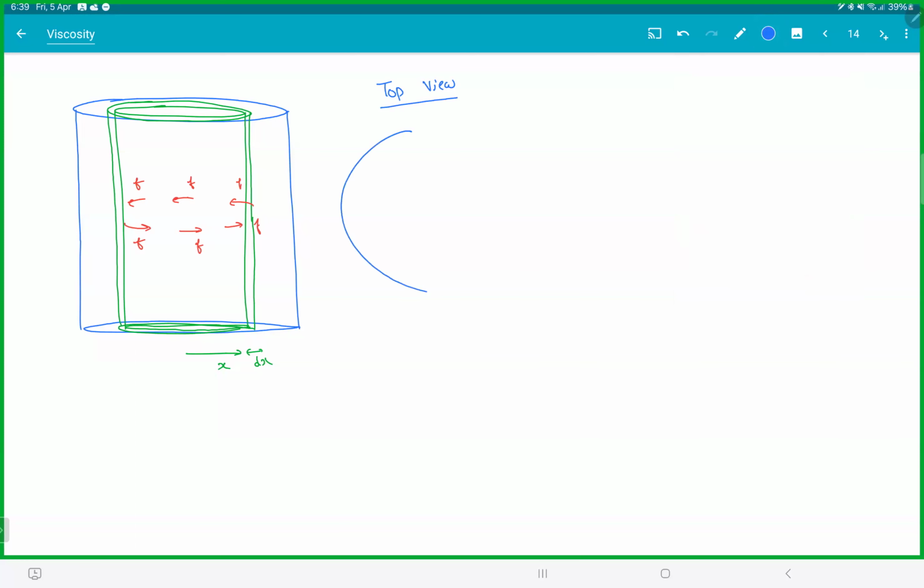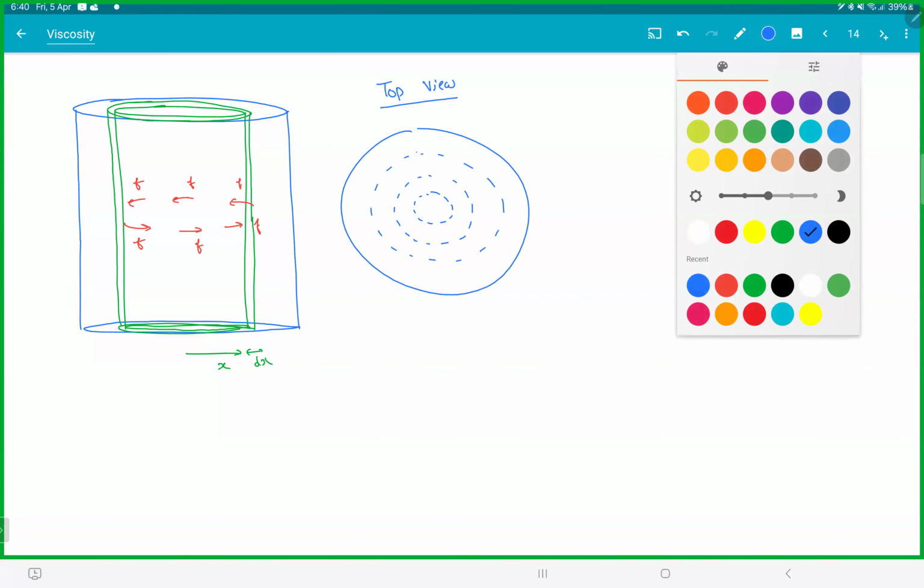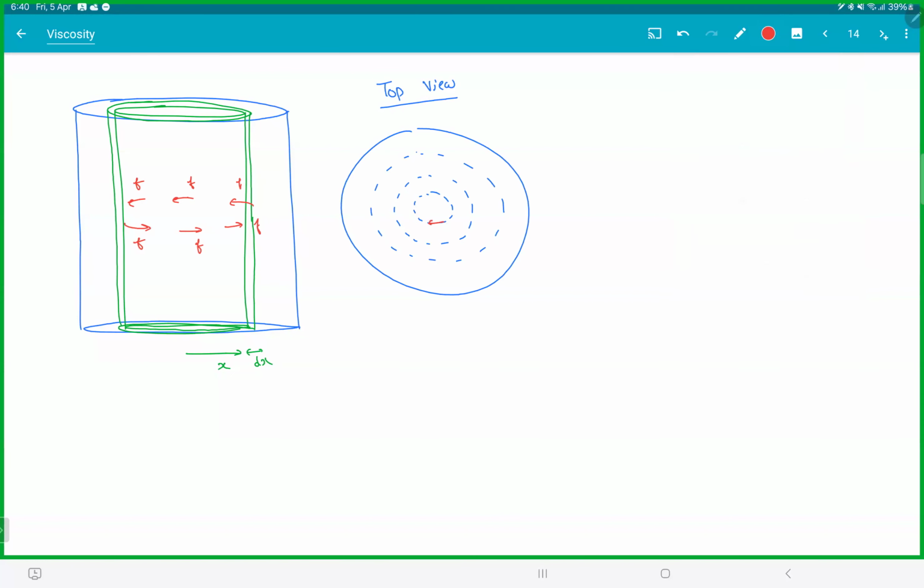If you look at this in the top view, on each layer, if this is a torque, the same torque will be on this, and this will be a torque. I'm not drawing all the layers. So the torques will be acting on both the sides. The inner layer is pulling the outer one, and so on.